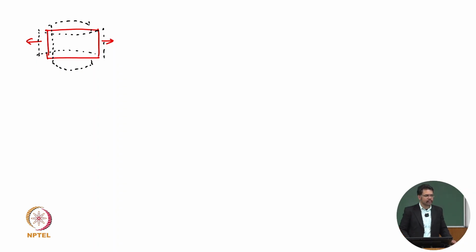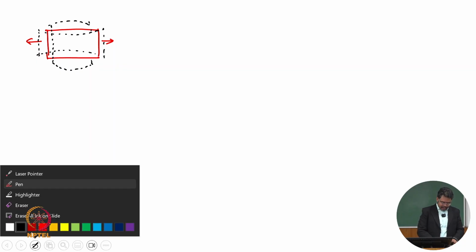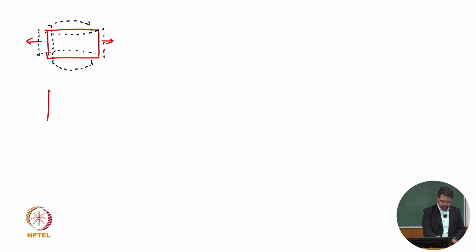Agreed? But in the auxetic material, that is opposite. Why? What is happening in that case? You have your structure like that. You pull the structure. What will happen?